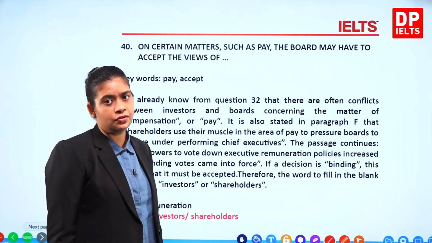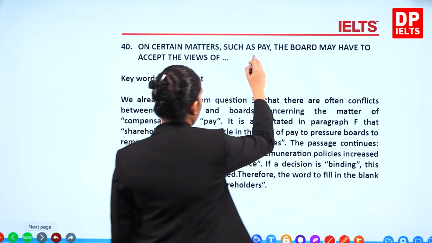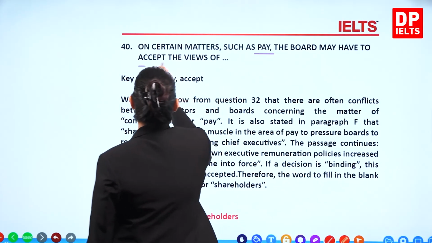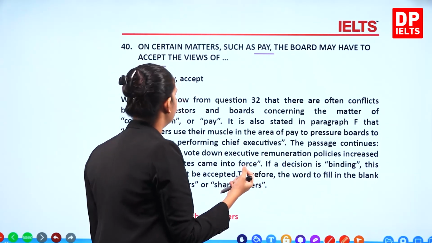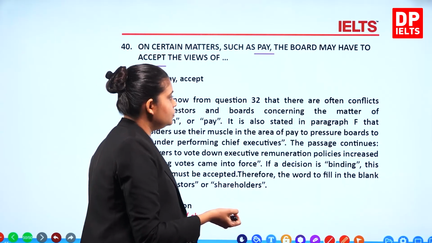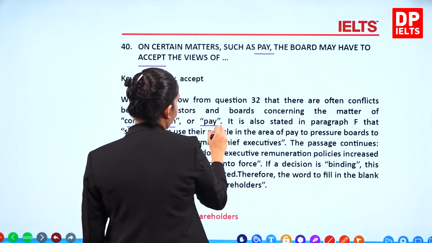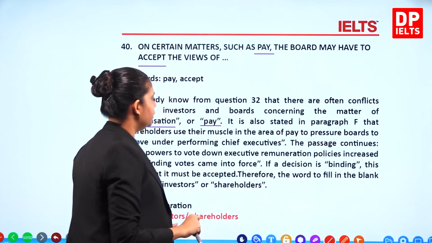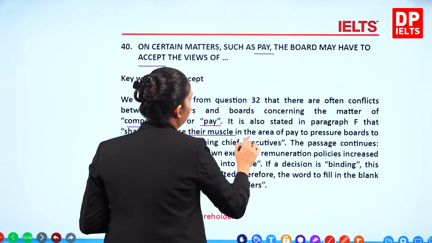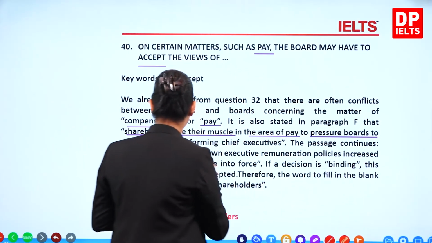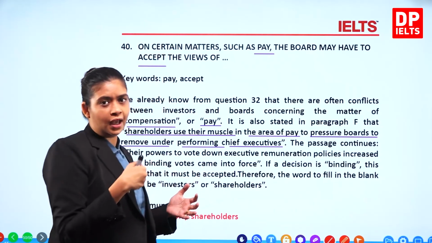Coming to the last question, question number 40. On certain matters such as pay, the board may have to accept the views of who? So we already know from question 32, there are often conflicts between investors and boards, right? Concerning the matter of compensation or pay. In para F, it is also stated that shareholders use their muscle in the area of pay to pressure the boards to remove underperforming chief executive directors, right?